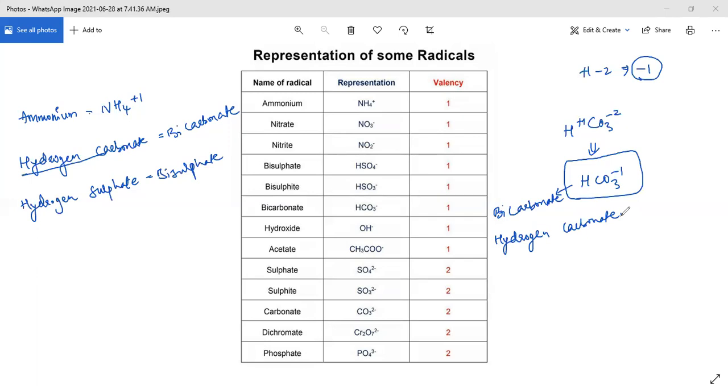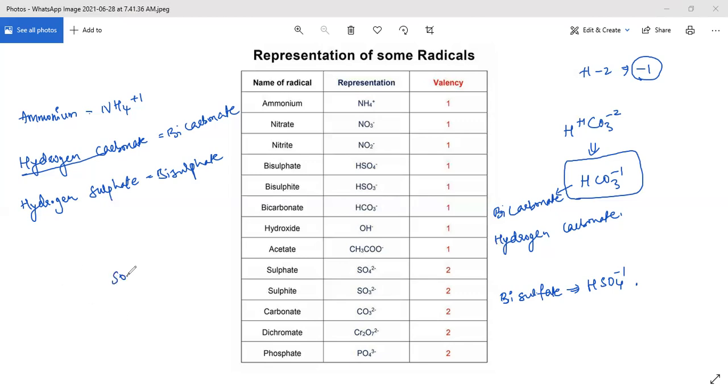Same way, what is the formula for bisulfate? It's HSO4 minus. Bisulfate is HSO4 minus 1. Sulfate means what?